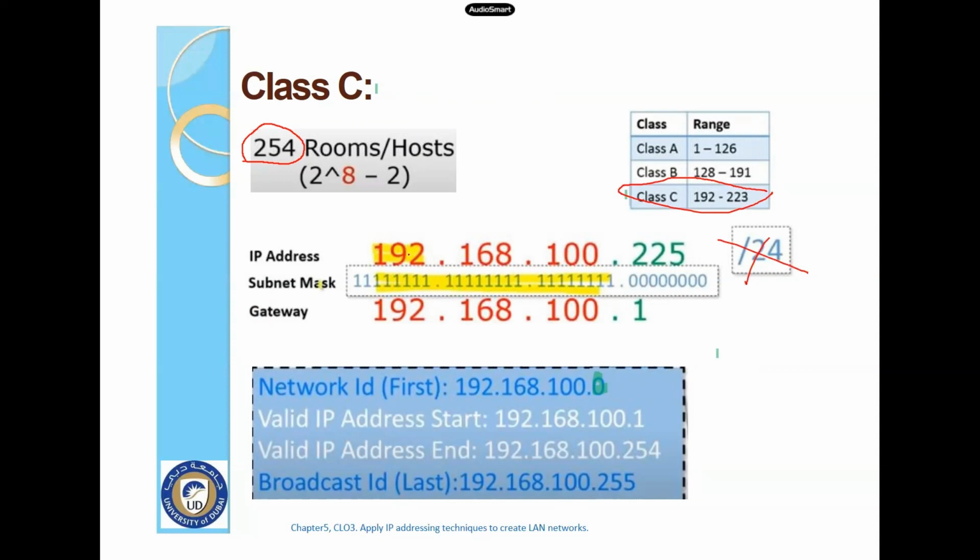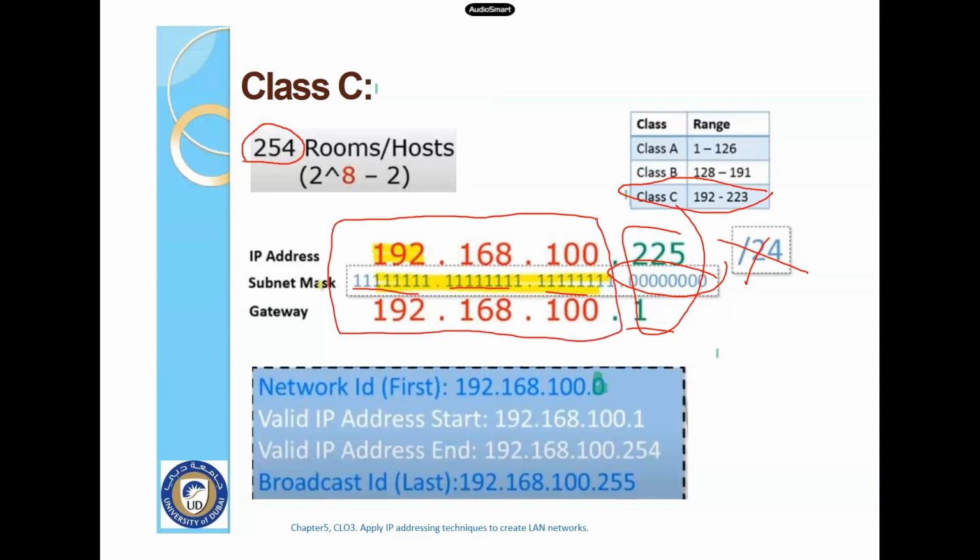So you see here, there is 192, 168, 100, and the subnet mask, all ones here, all ones here, all ones here, and this one, all zeros. That gives me the network portion in here. I have a gateway of 0, and this is the network part. So in class C, the network part is 3 octets, and the host part is only 1 octet.